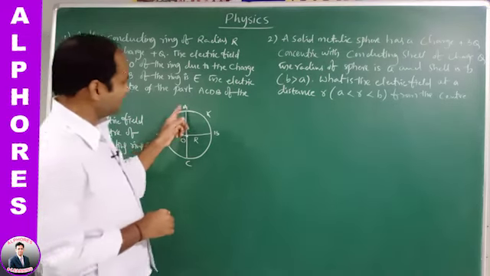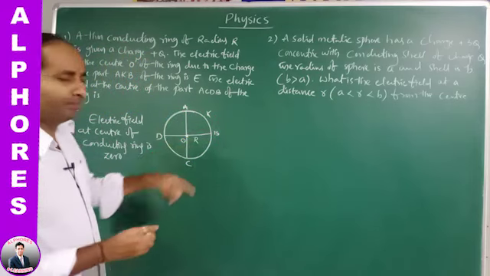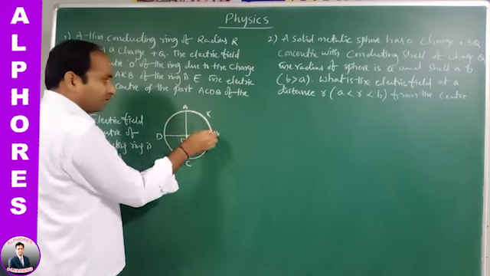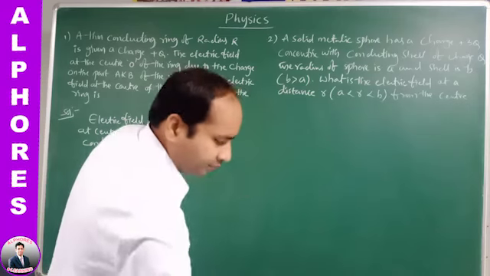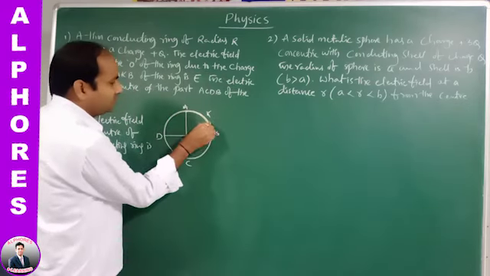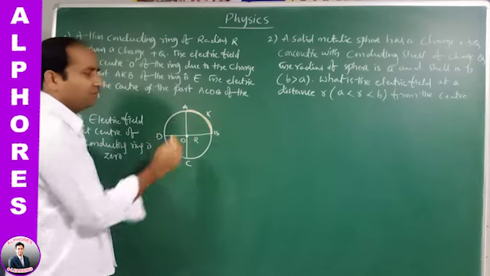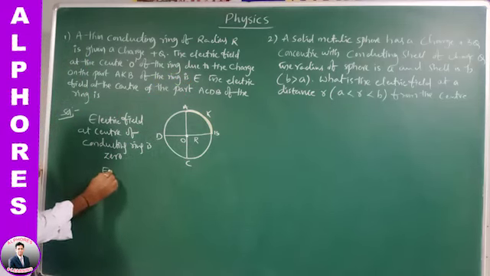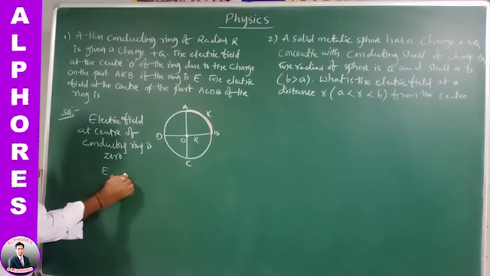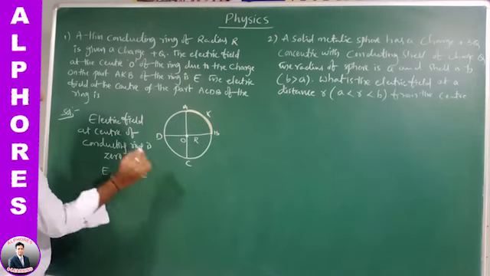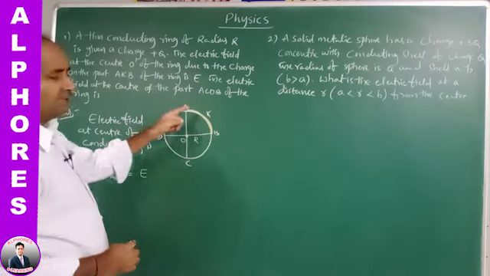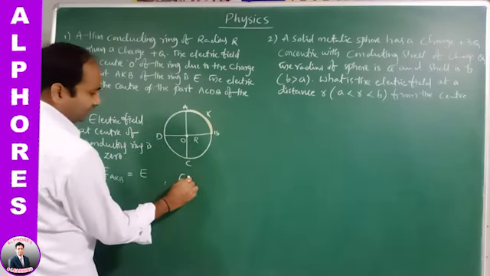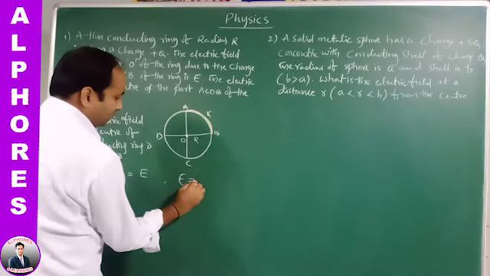Here, what is given? The electric field due to the part AKB, meaning only this part, is given as E. For the entire conducting ring, the total electric field is 0.